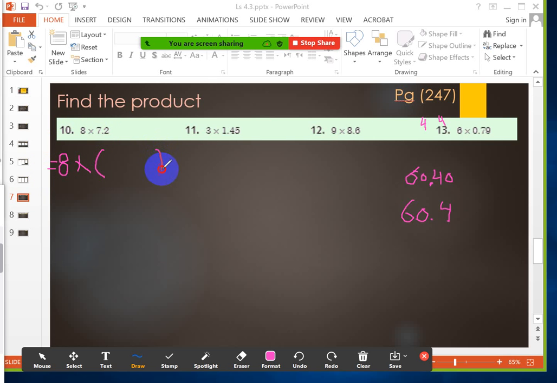The first one is a whole, the second one is a decimal, right? So it will be 7 plus 0.2. Excellent, Emma, that's correct. So I have to break this number into 2 numbers. The first one is the whole, the second one is the decimal number.